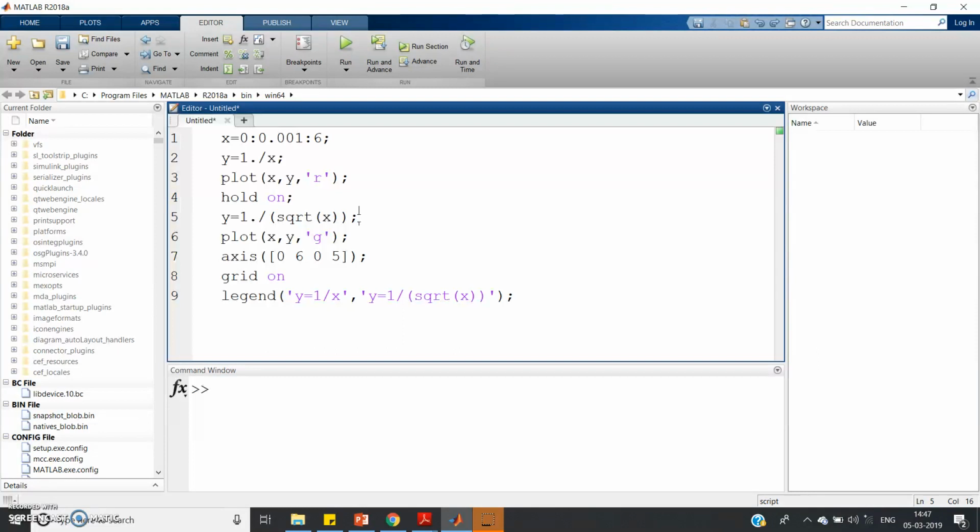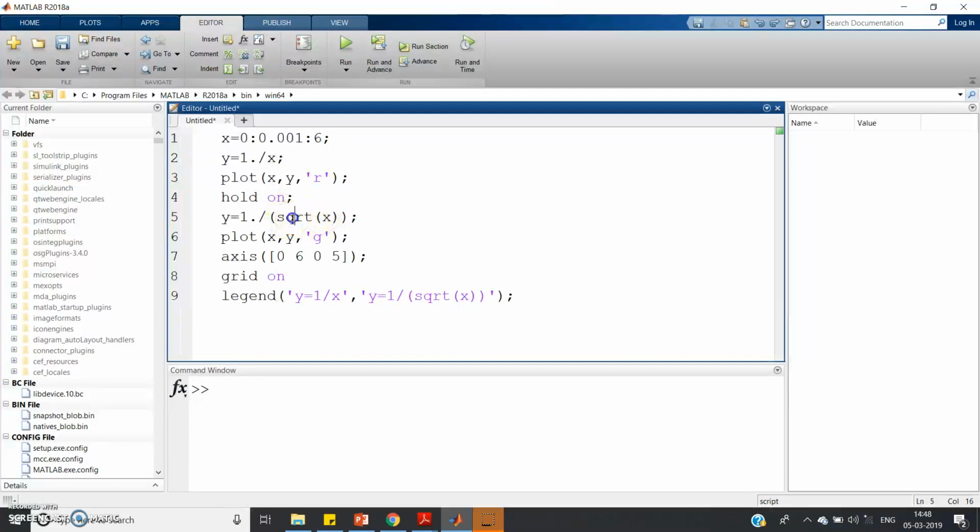Now tell me, with varying values of x, which function will vary rapidly? Suppose you change the value of x a little bit, which y value will change by a large amount, for y equal to 1 by x or y equal to 1 by root over x?